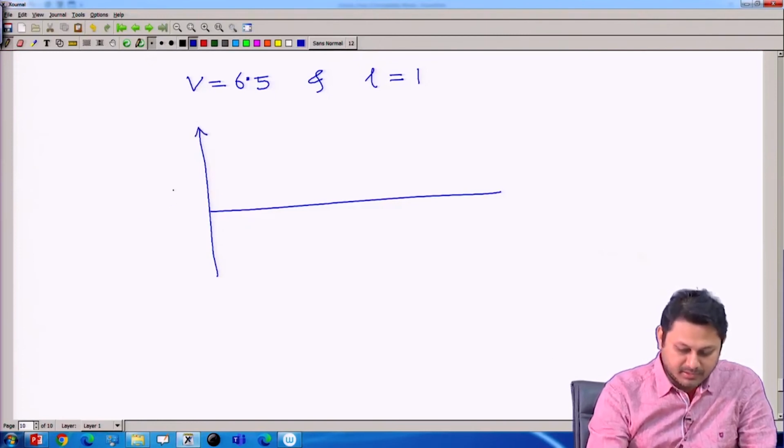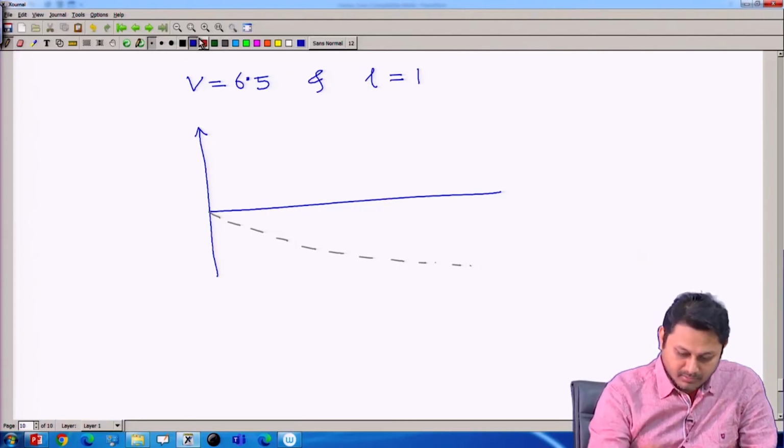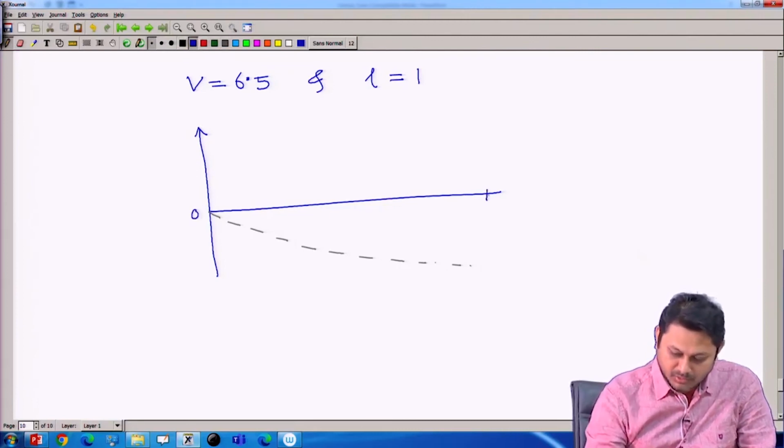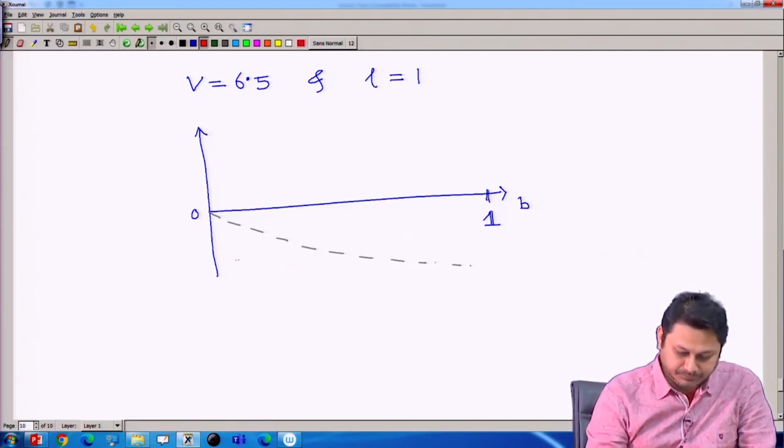So I can have the right hand side changing like this. This is 0, up to this it is say 1. Along this direction I am plotting B, and I have two solutions, like here and here.